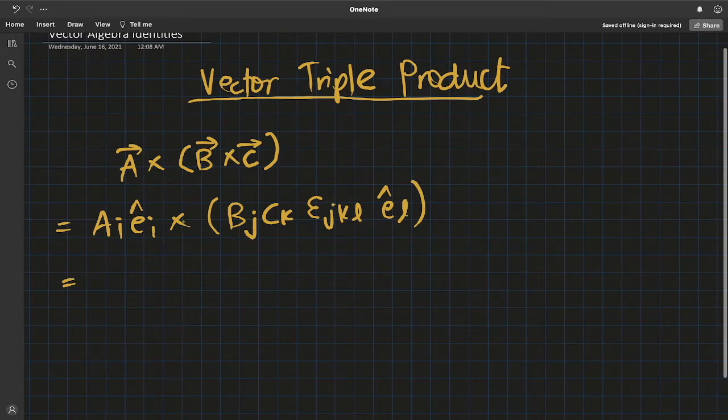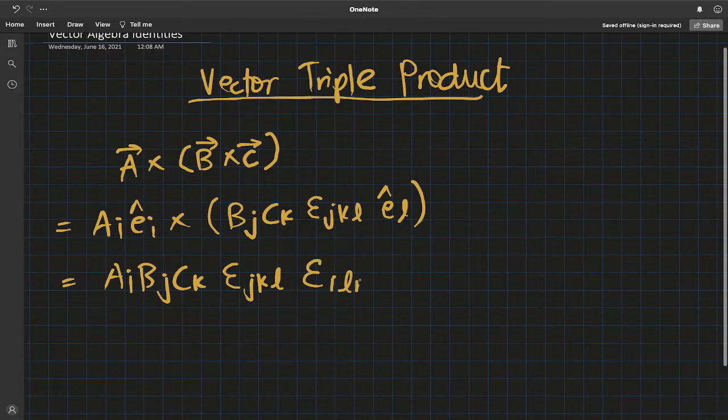And then this just becomes A_i B_j C_k epsilon_jkl. This cross product becomes another Levi-Civita epsilon_ilm and introduce this basis vector e_m hat.